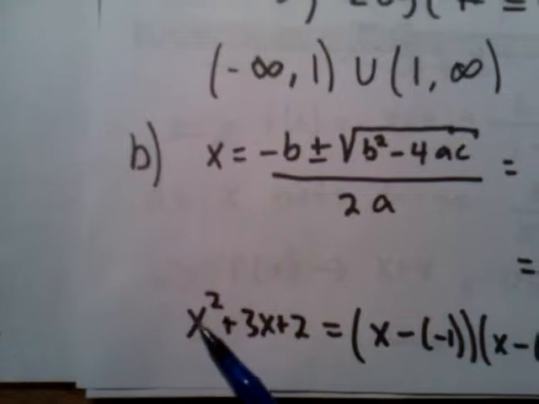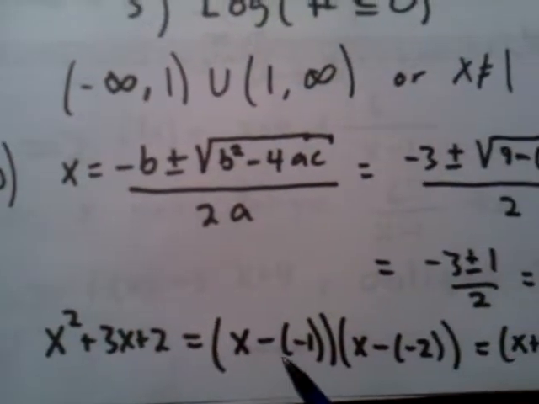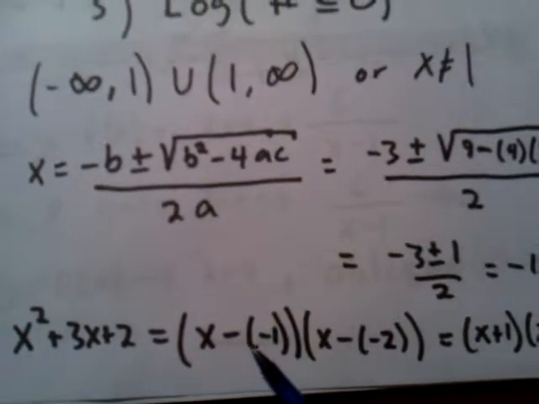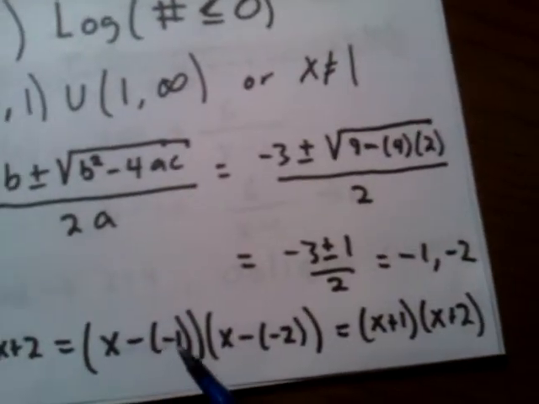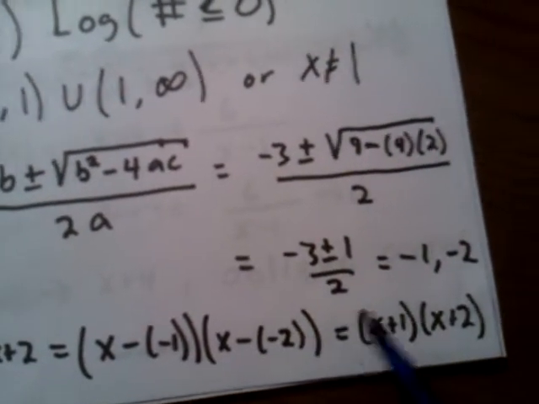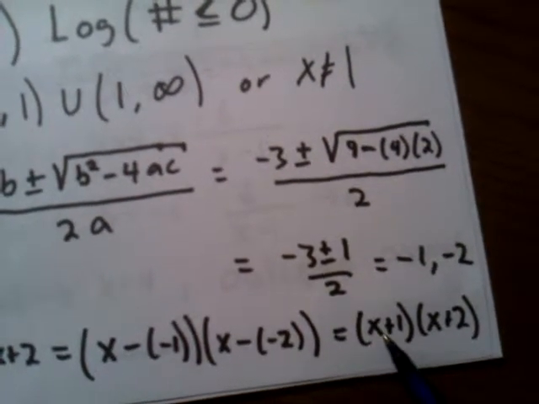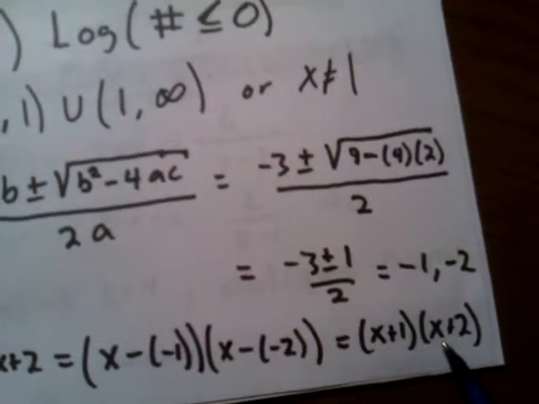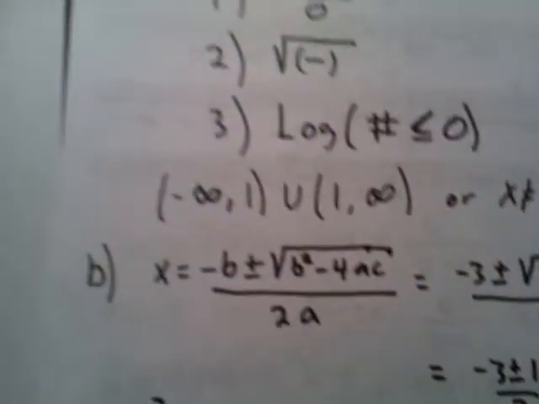And so we can rewrite the numerator as x minus the first root times x minus the second root, or x plus 1 times x plus 2. And so that's how this factors.